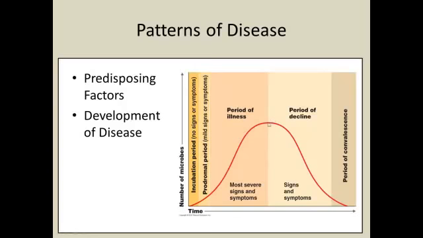Now, your immune system kicks in. We start to plateau on the numbers of microbes. Signs and symptoms start to decline. You start to feel better. You think you're not going to die. And then you get into the period of convalescence, where you have repair of any damage to tissue. You're feeling better, and the number of microbes trail off into nothing.